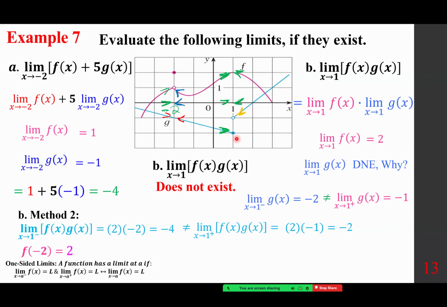For g of 1, again, you look for a solid point, you find a solid point here. What is the y coordinate of this solid point? -2. So we want to distinguish between the functional value versus the concept of a limit. Don't mix them up.